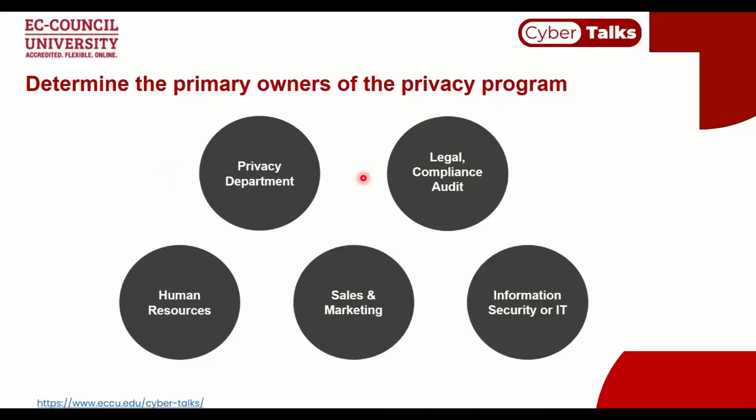Legal, compliance and audit: in many organizations without a dedicated privacy team, it often falls to legal, compliance and/or audit to take privacy ownership. Since many of the privacy programs are being driven by the increase of privacy regulations, this group often becomes a huge advocate of implementing privacy within the organization.